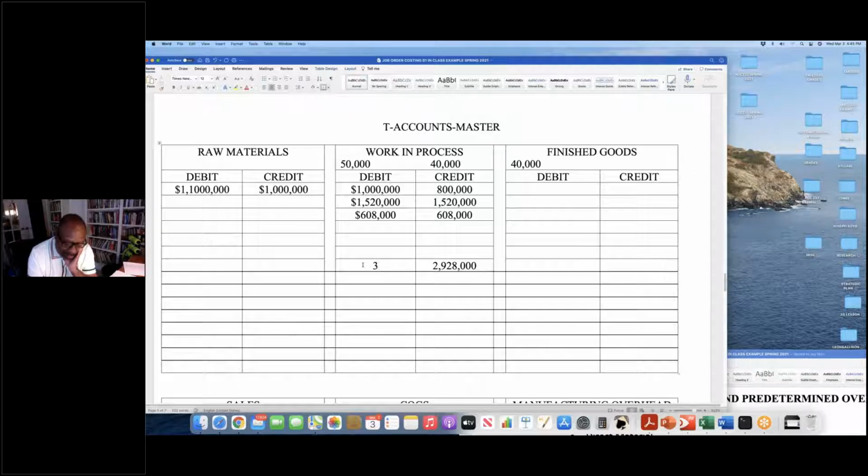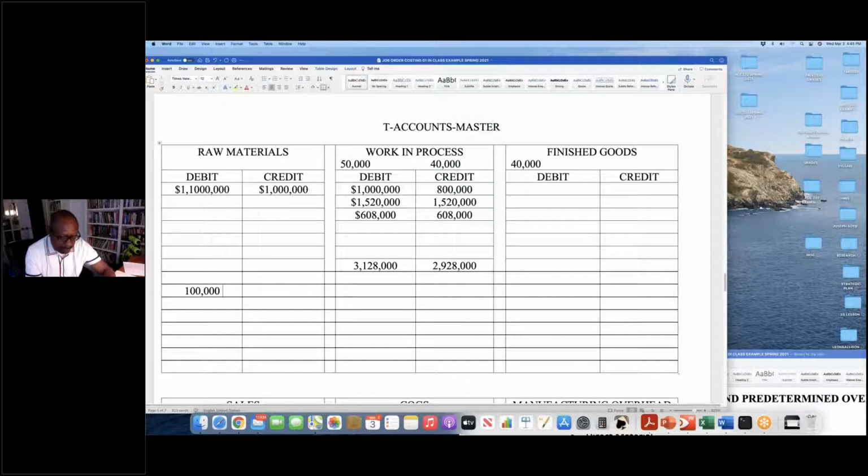Yes, that's right. So if we look at the balance in raw materials now, how much do we have left in raw materials at this point? $100,000 possibly. Yeah, about that.